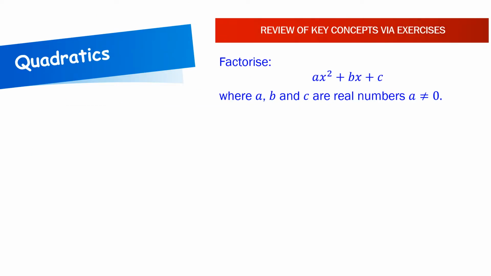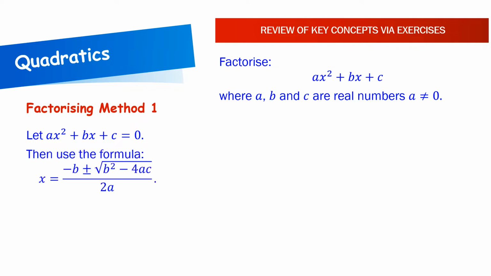In review exercise 1, we are required to factorize quadratics, which are of the form ax squared plus bx plus c, where a, b and c are real numbers and a does not equal 0. Let's take a look at one factorizing method. Suppose ax squared plus bx plus c equals 0.